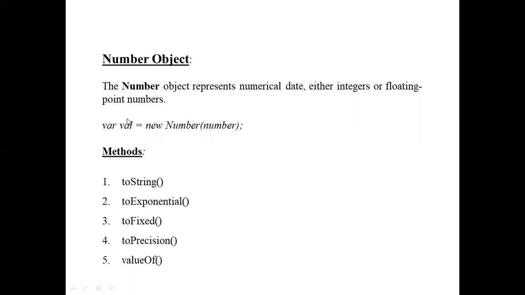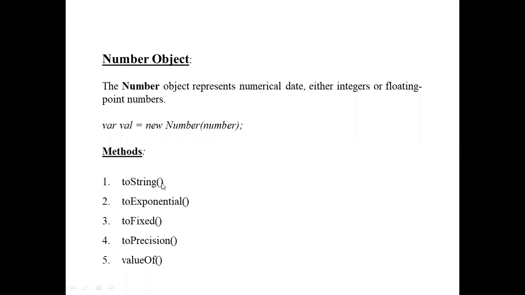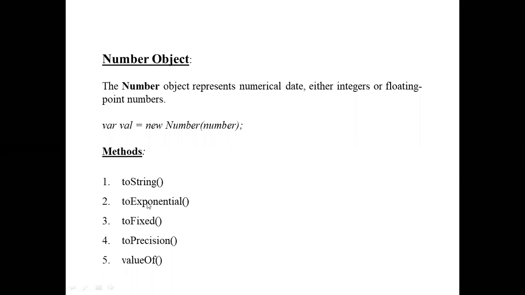Next, the different methods on number objects are: first one, toString. It returns number as a string. Next one, toExponential. It returns number rounded and written in exponential notation.